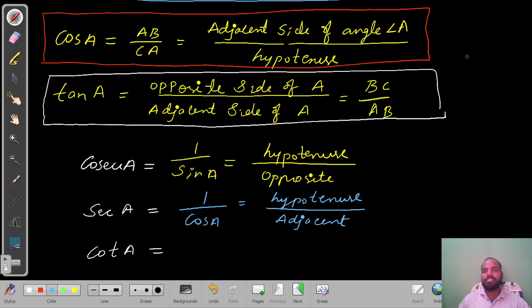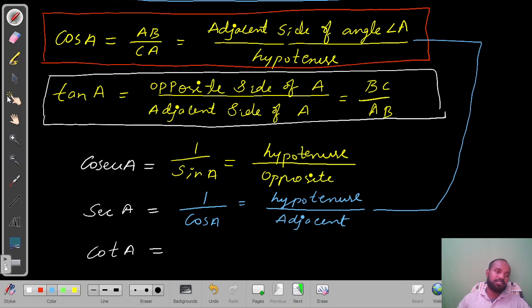Both are quite opposite. Sec A is also completed. If someone asks you what is sec A formula, it is hypotenuse by adjacent. Cosec is hypotenuse by opposite.